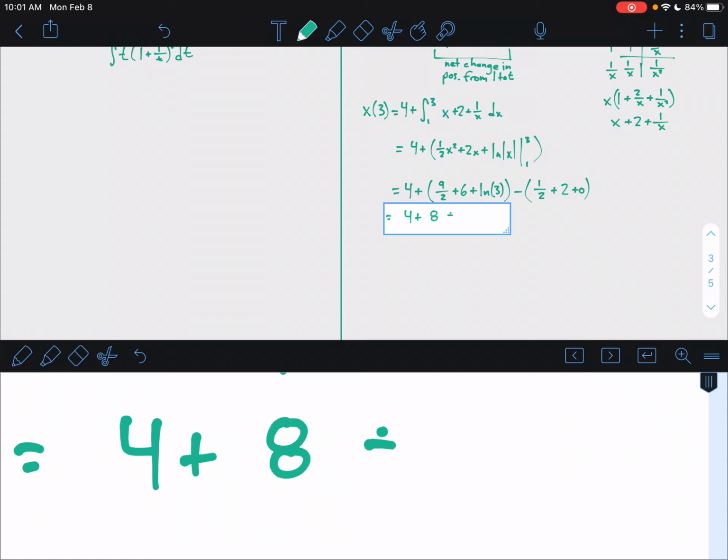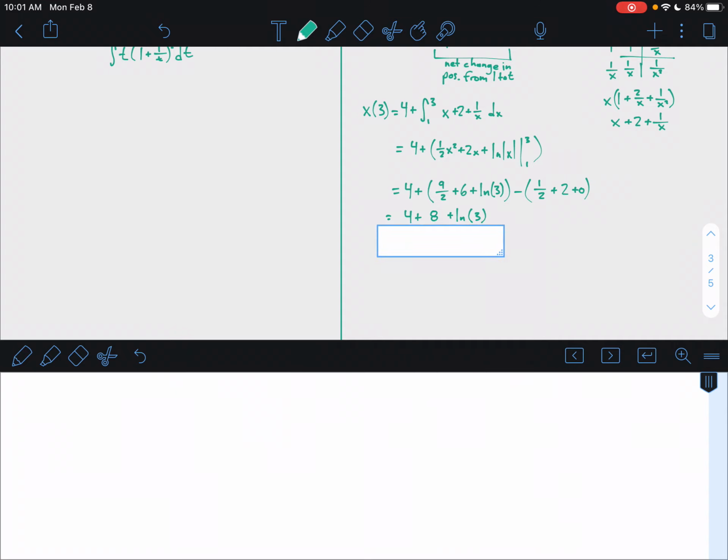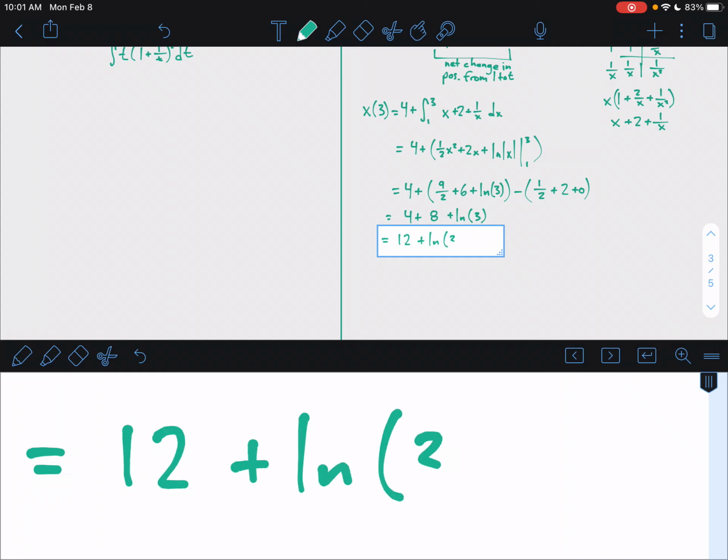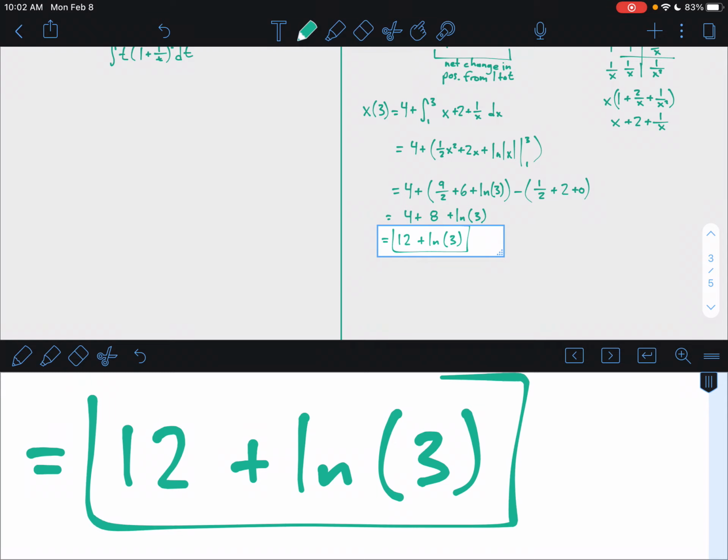And then I also have plus that natural log of 3. And then 4 plus 8 is 12 plus the natural log of 3. And this tells me the position of that particle at time t equals 3. 12 plus the natural log of 3.